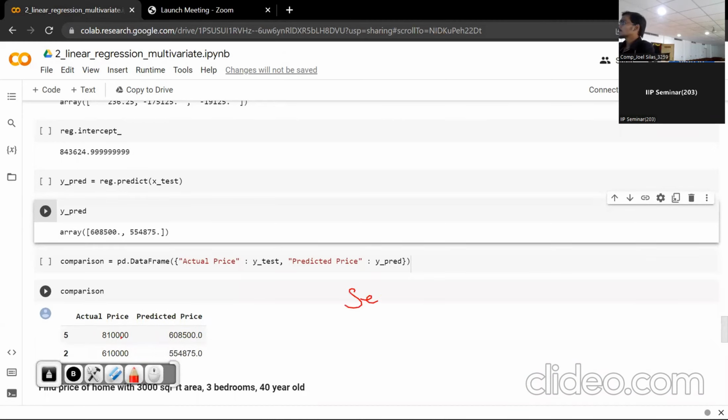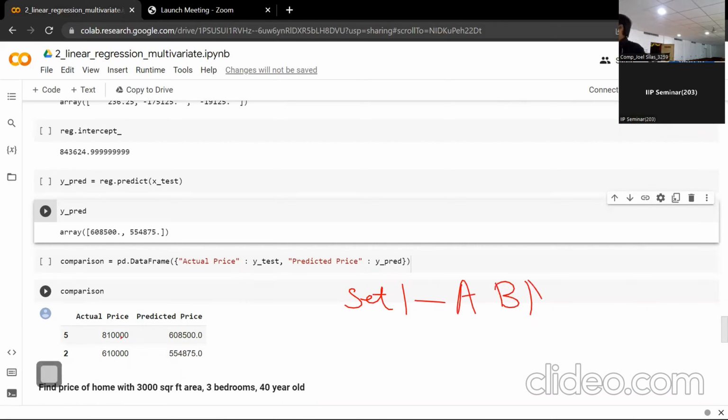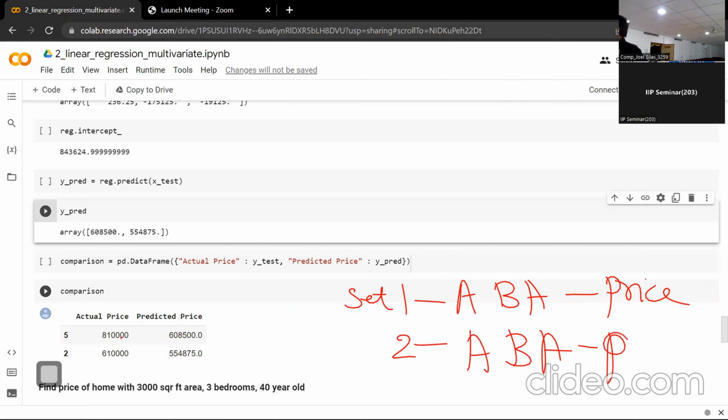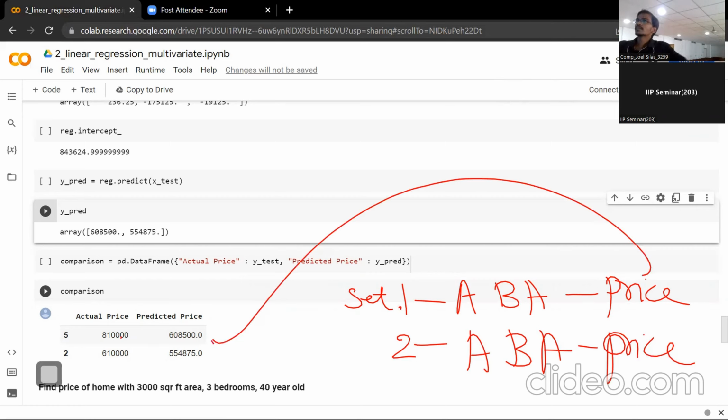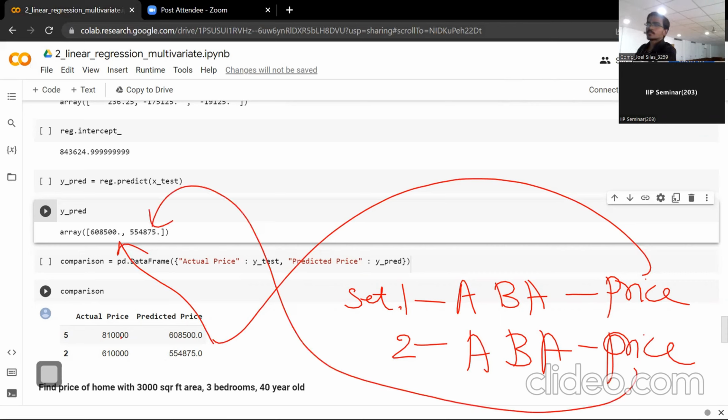For set 1, we have the area, the bedrooms, the age, and some price output. Again for set 2, we have some area, some bedrooms, some age, and again a price. So for set 1, the output price is this one, and for set 2, the output price is this one. Then we can compare the actual value, that means y test, and the predicted value y pred.